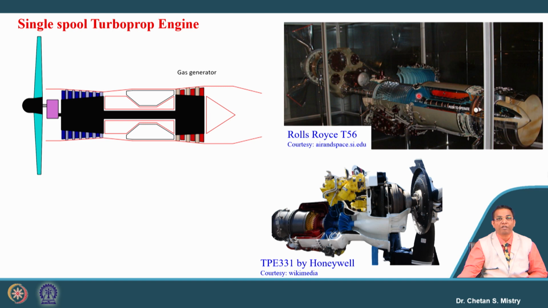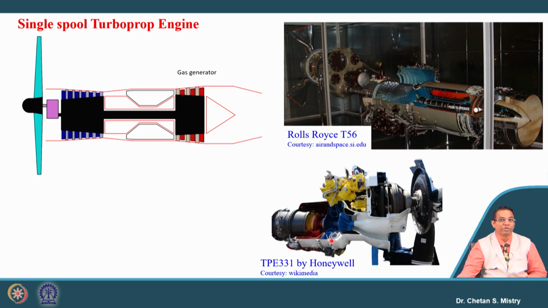This is the diagram for the T56, where we can easily see the compressor and the combustion chamber, which is followed by the turbine, and on the front side we have the gearbox, which is connected with the propeller shaft. Here this also represents the TP331 Honeywell engine, where we have this intake. Look carefully, it supplies the air to the centrifugal compressor.